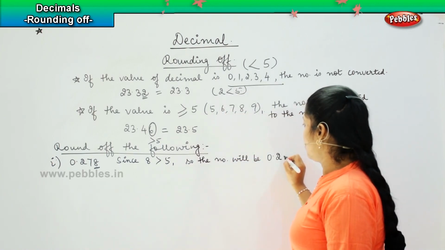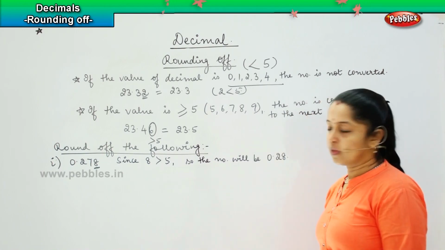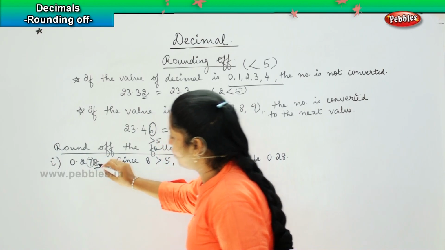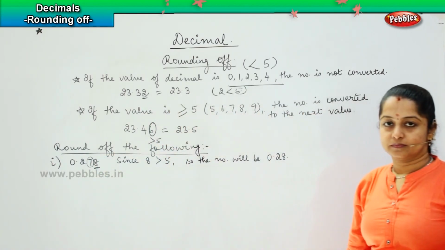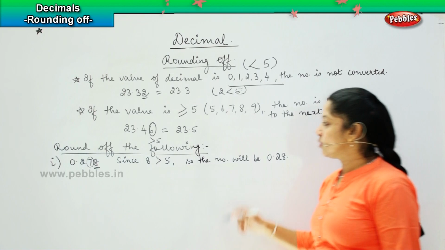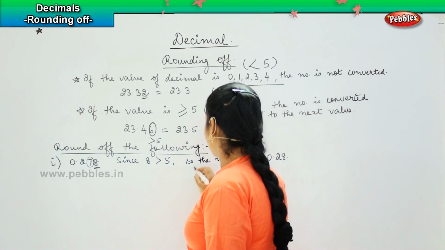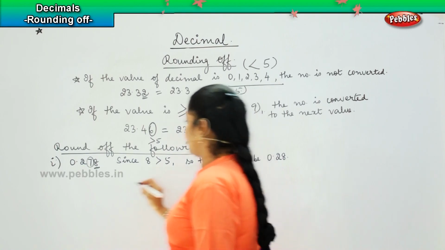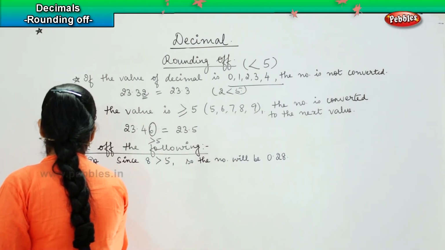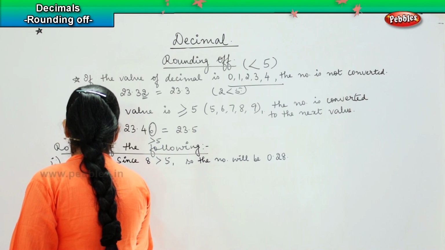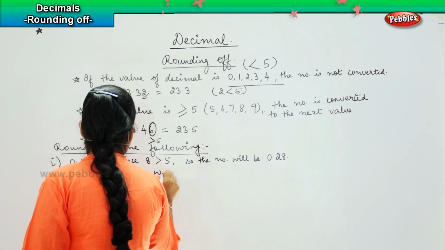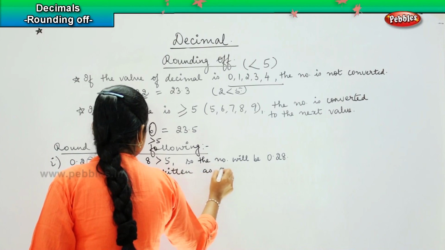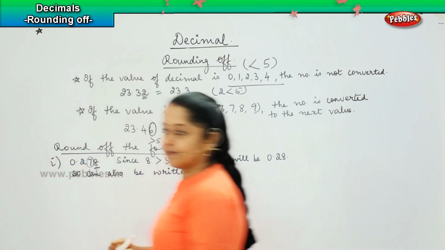0.28, which means that this 7 will be converted into 8. You can also write it as 0.3.